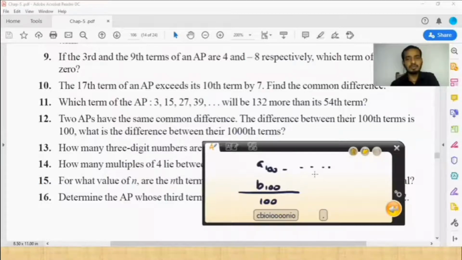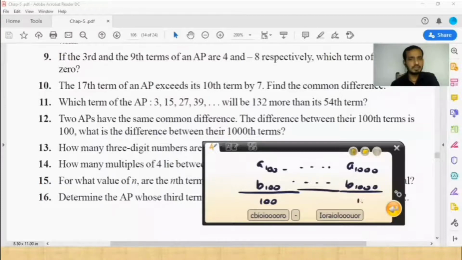So if you move along the sequence, the difference between A1000 and B1000 will again be the same, 100. So the idea we applied here is that in sequences of the same common difference, the difference of terms in the same positions is the same everywhere.